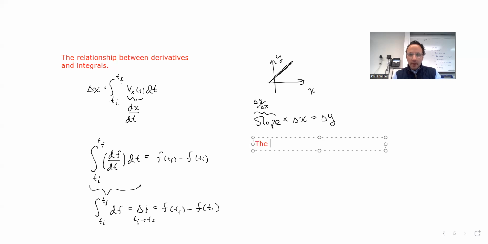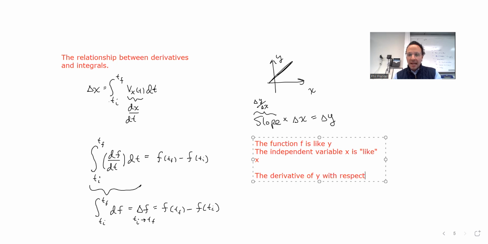So what are the analogies over here? The function f is like y. The independent variable t is like x, but it is x. The derivative of y with respect to x is like the slope.